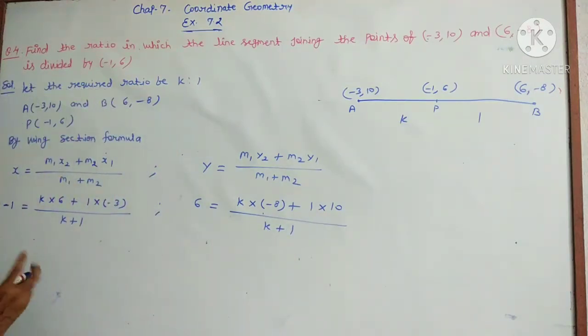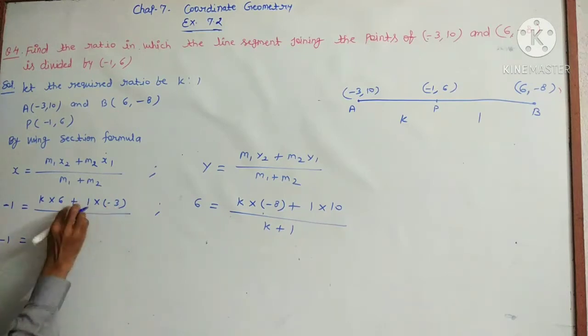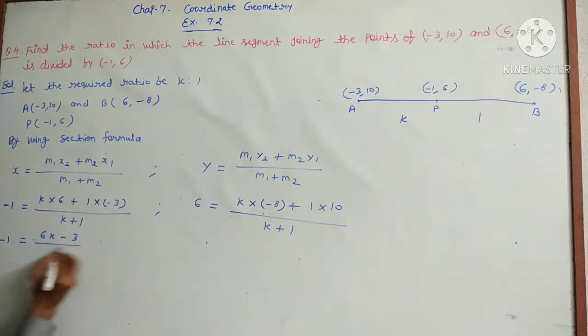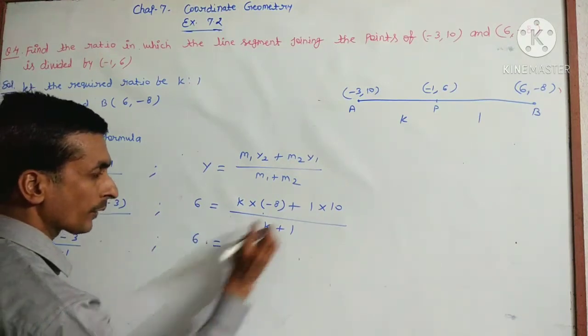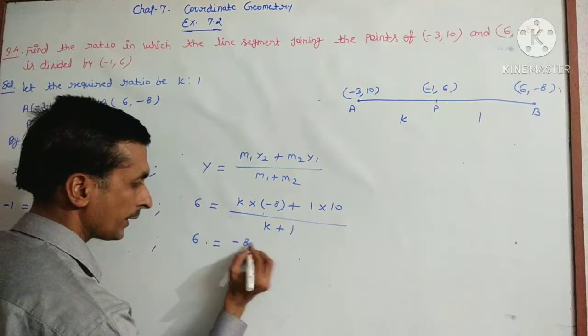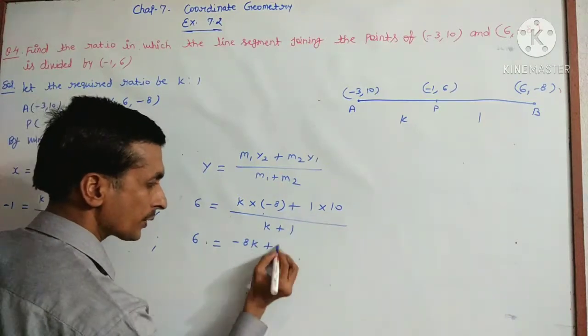After solving you will get -1 as it is, k into 6 means 6k, plus 1 times -3, upon k plus 1. Okay friends, and now you can get 6 equal to -8k plus 10 upon k plus 1.